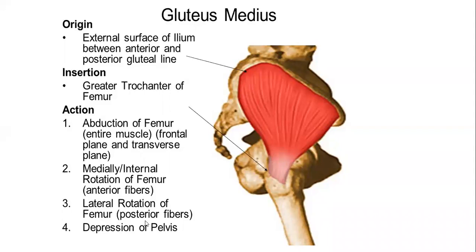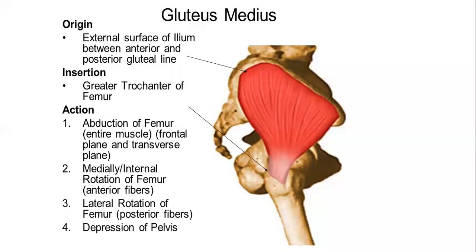Depression of the pelvis, because gluteus medius is present on the right side and on the left side. Both the gluteus medius muscles on both sides of the body contribute to make the pelvis as a whole stable. Let me clear this point to you right here.